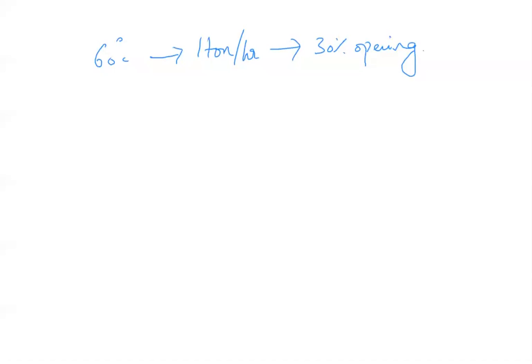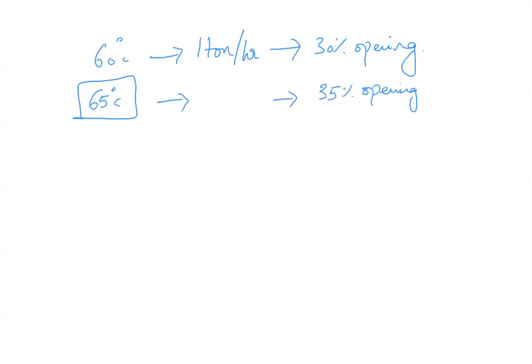Suppose the temperature of the CSTR is 65, then what is the valve opening? It should go high because you need more cooling water. So the valve should go to 35% opening.